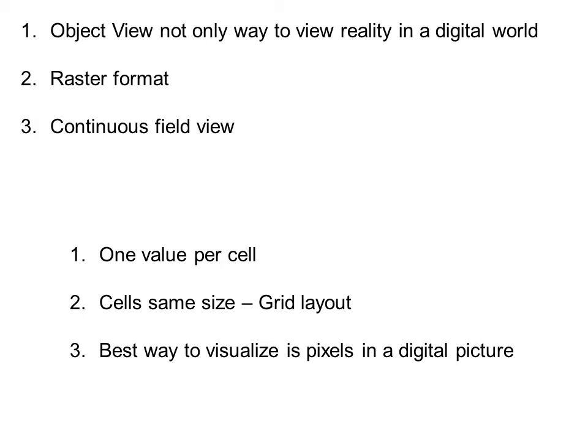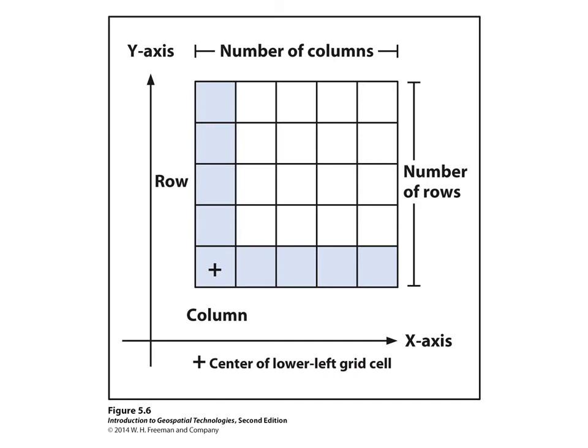And then collectively, the individual cells and their individual colors create the picture or the image. So this sort of illustrates what a raster grid would look like. We have basically a grid, which is a number of columns and rows, x and y axis. Every cell has some bit of information in it.